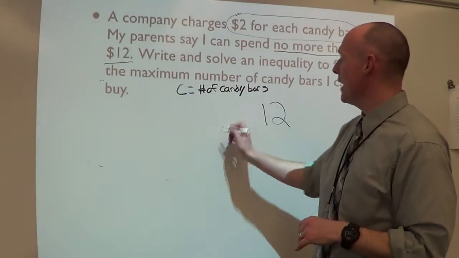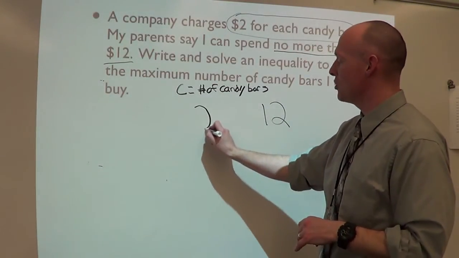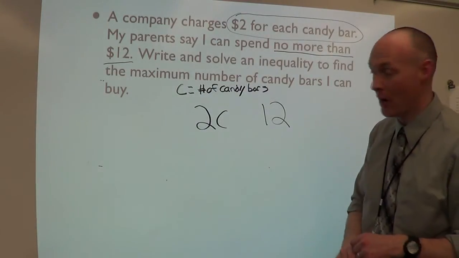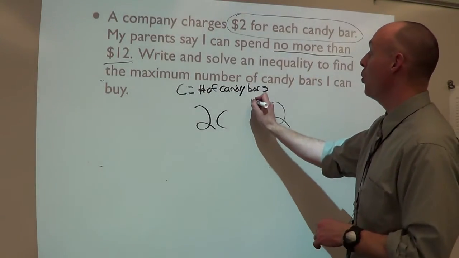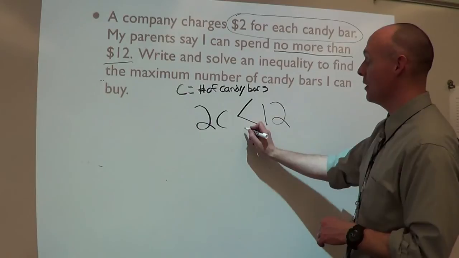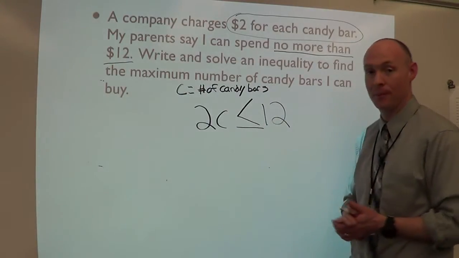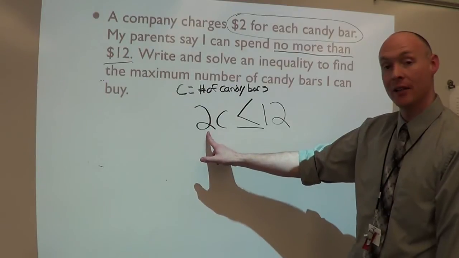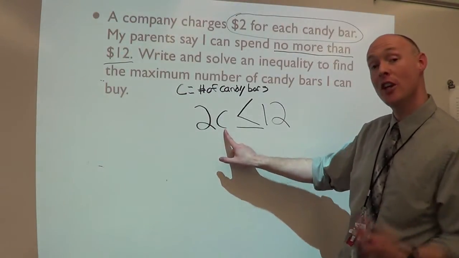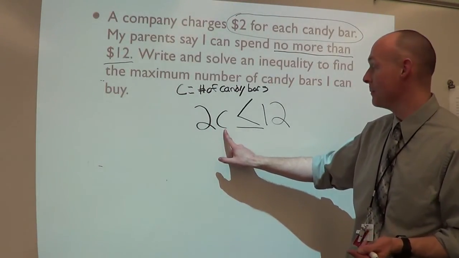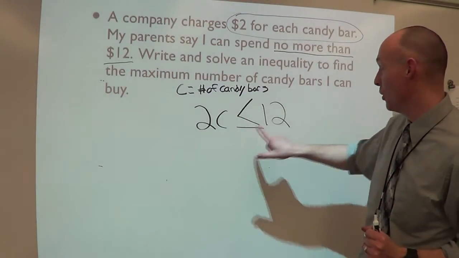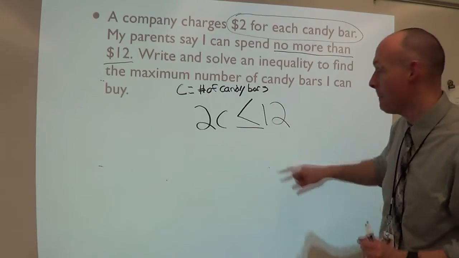And we know that each candy bar is $2. So if I say it's $2 times the number of candy bars, 12 has to be bigger than or equal to. Now, let me show you how this reads. $2 times the number of candy bars that I get has to be less than or equal to $12.